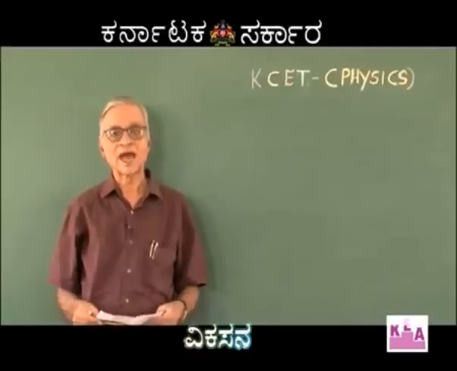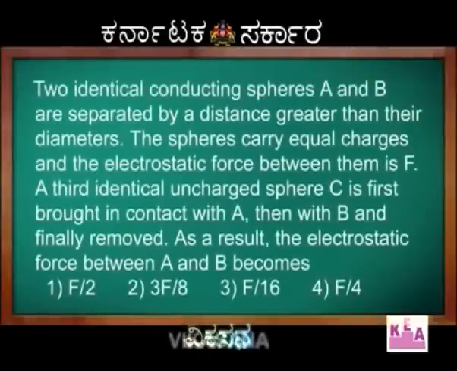Now, I will go to the next question. Two identical conducting spheres A and B are separated by a distance greater than their diameters.